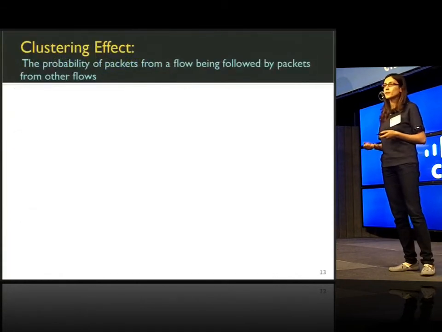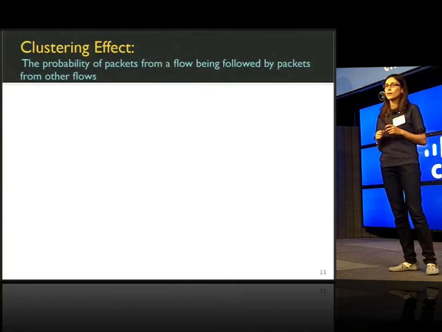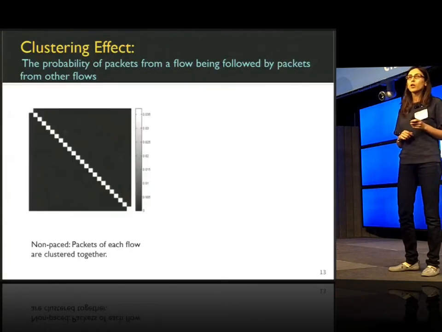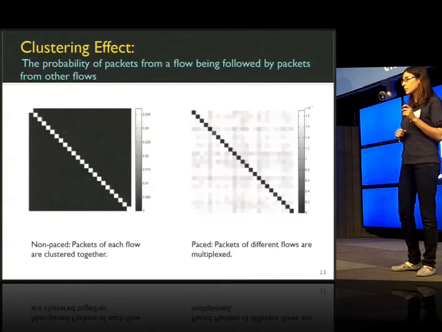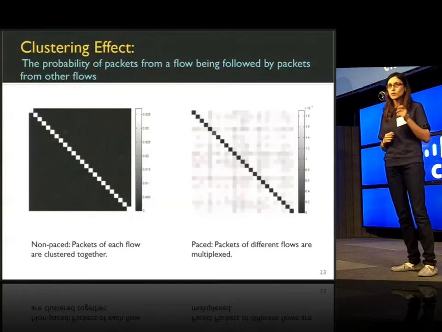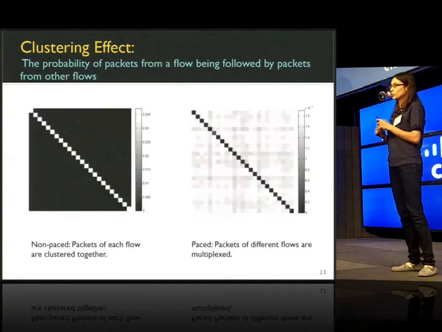Now, if we want to look at the drop synchronization, before that, let's intuitively look at the clustering effect. Here I'm plotting 2 matrices, where each element ij in the matrix represents the probability of packets of flow i being followed by packets of flow j.